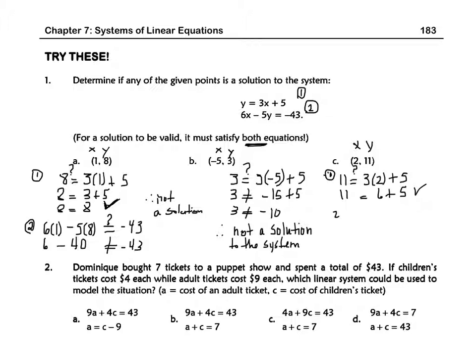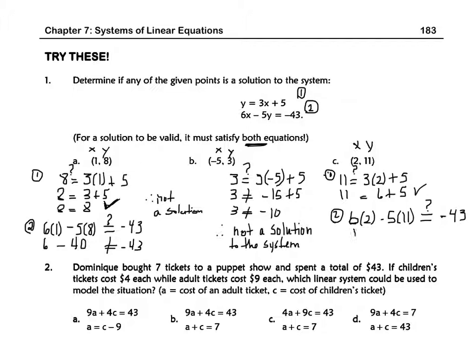And then we check in the second equation. We have 6 times 2 minus 5 times y, which was 11. And we're checking, question mark, is that equal to negative 43?